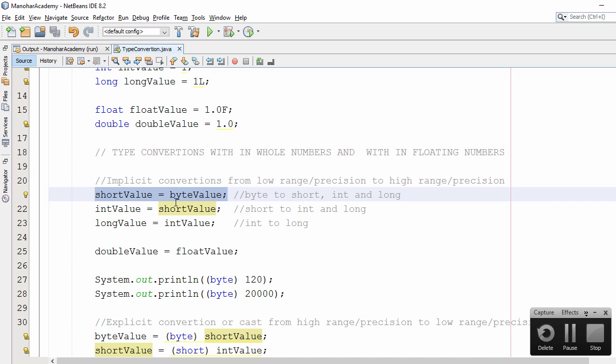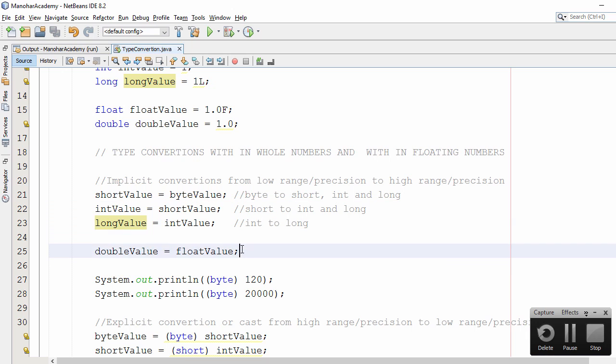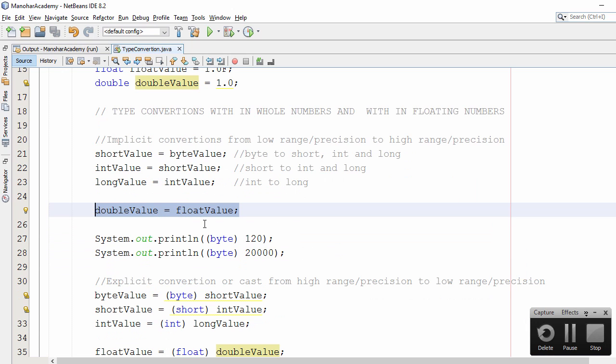Byte will be converted to short, int, long. Similarly, short can be assigned to integer and long. Integer can be assigned to long. This is because the range of the left side variable is more than the range of the right side variable. Similarly, we have seen that float can always be assigned to double.